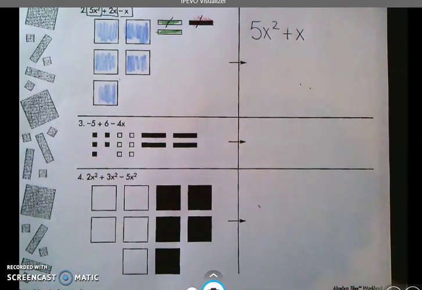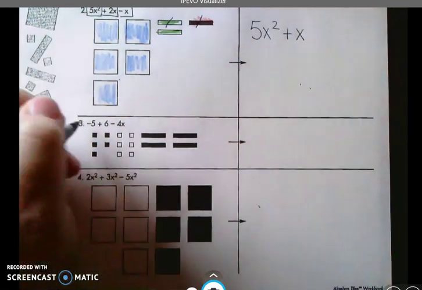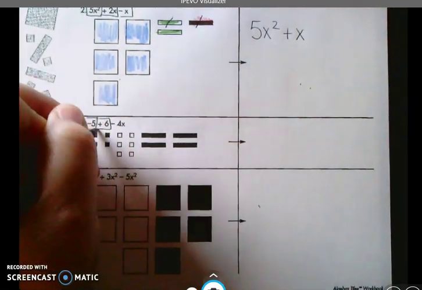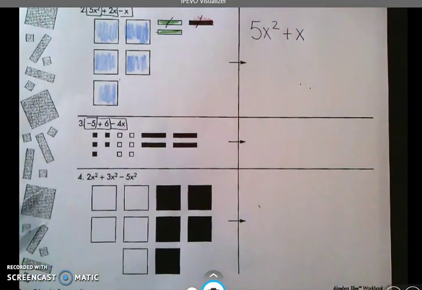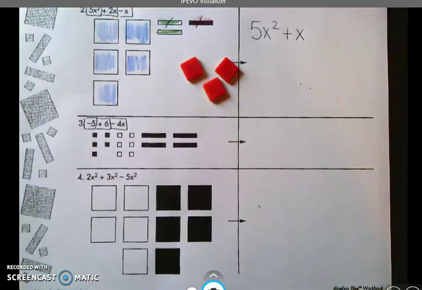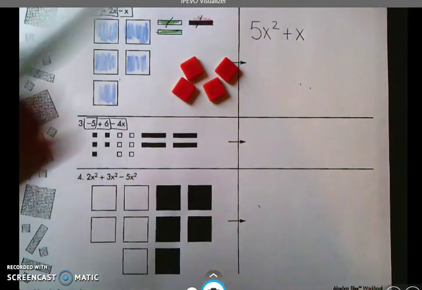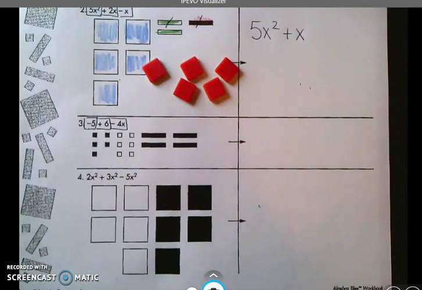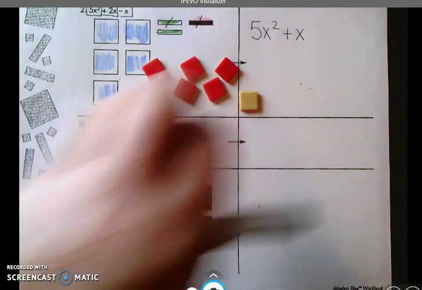Okay, welcome back. So for number 3, hopefully the first thing you did was separate your terms. And to build it, I'm going to do -5, which is 5 little squares. Plus 6, which is 6 yellow squares.